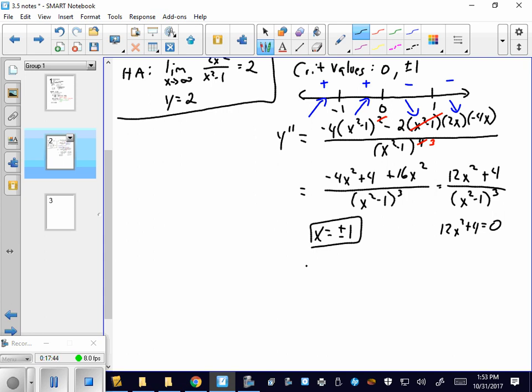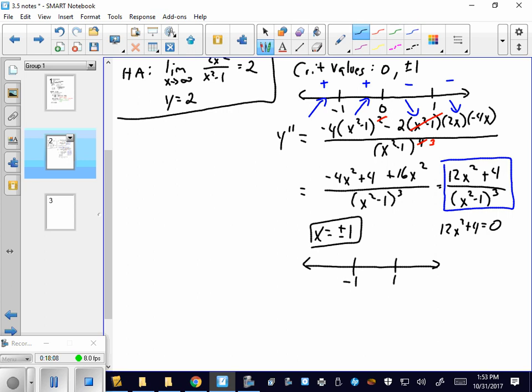So create a number line. Negative 1 and positive 1. So we're going to check, in this case, the second derivative to see what's happening with concavity. So if I plug something in which is less than negative 1, now remember, you're going to go with the most simplified version of the concavity, which is this one.